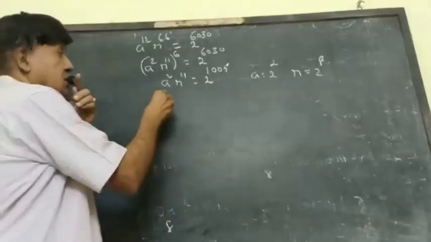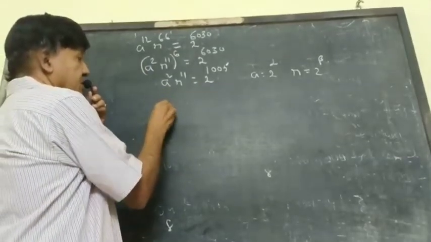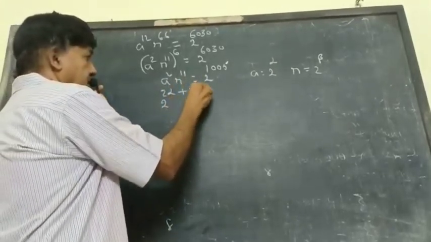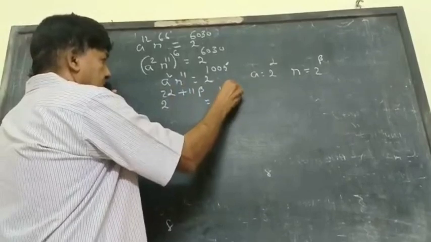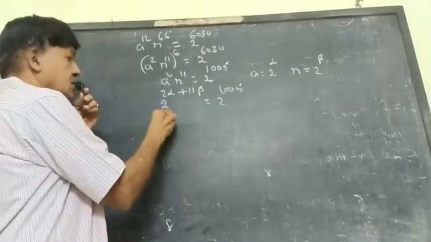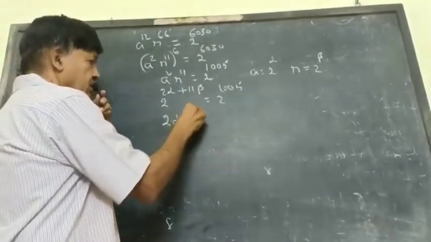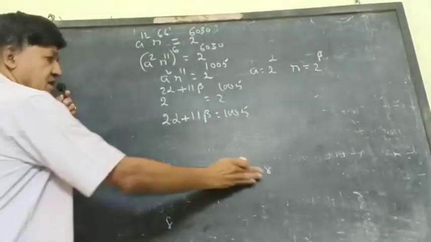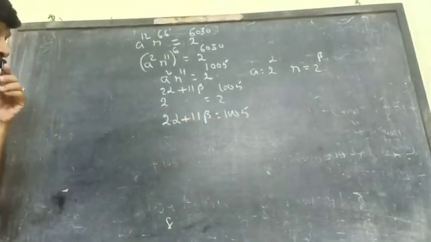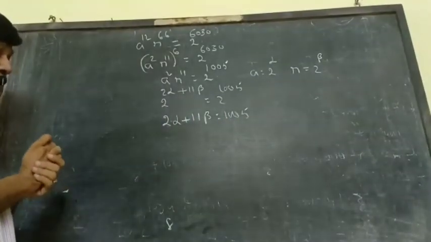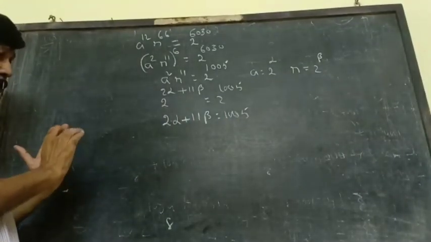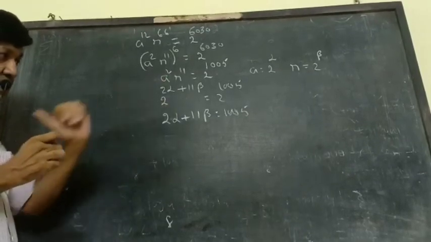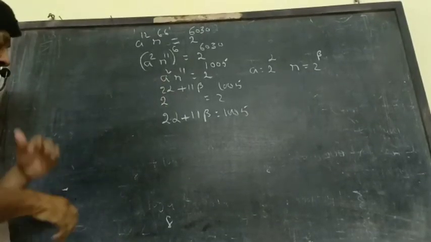Now this is as good as 2 to the power of 2 alpha plus 11 beta. So 2 alpha plus 11 beta is equal to 1005. Now the question is the number of positive integer values of alpha and beta satisfying this.